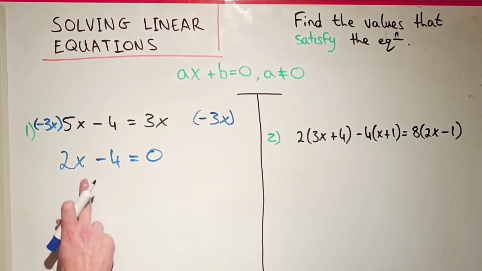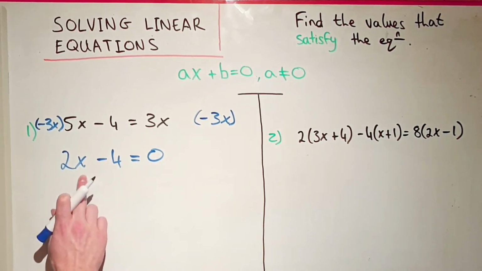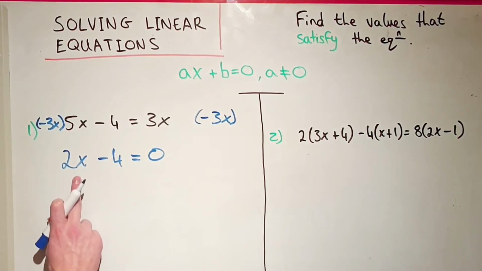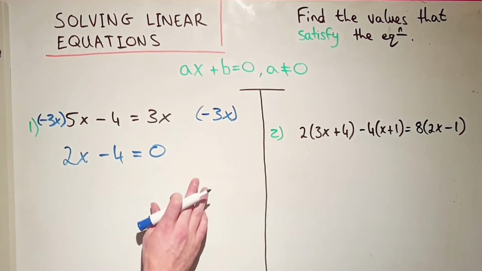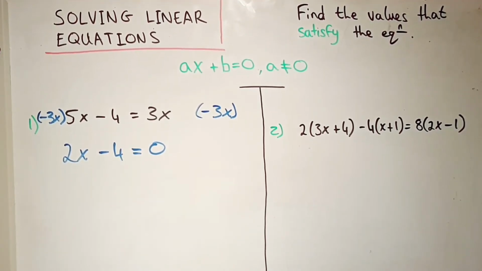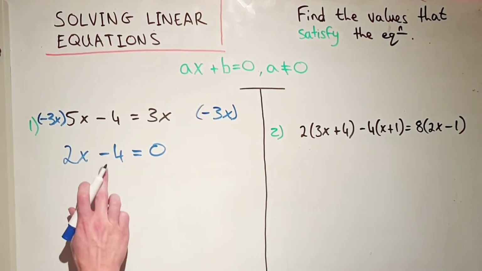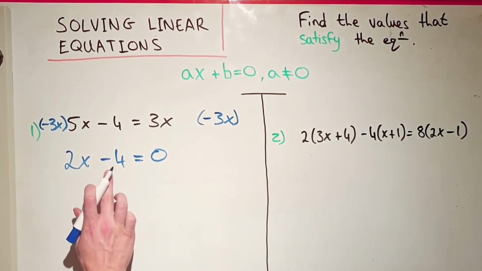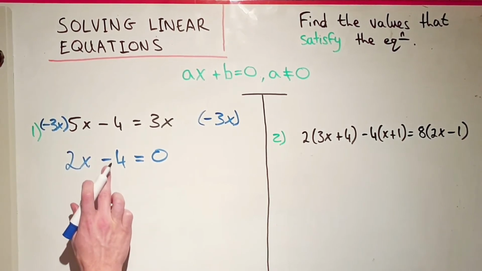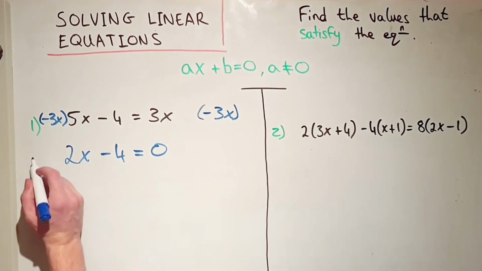All the expressions of variables are now on the left hand side, but we still have a constant that we need to move over to the right hand side. So using the same logic, we have a negative 4 here, so we want to basically make that expression 0 by adding 4 to it.